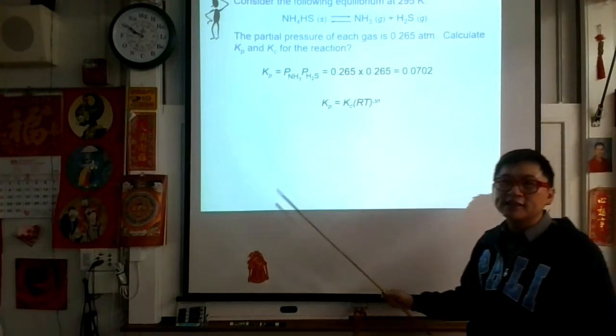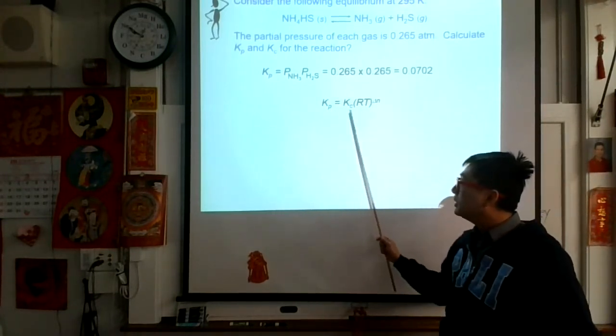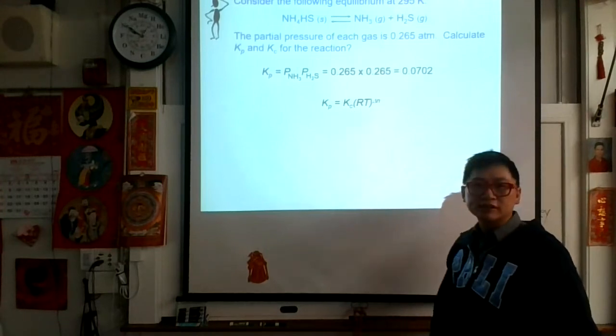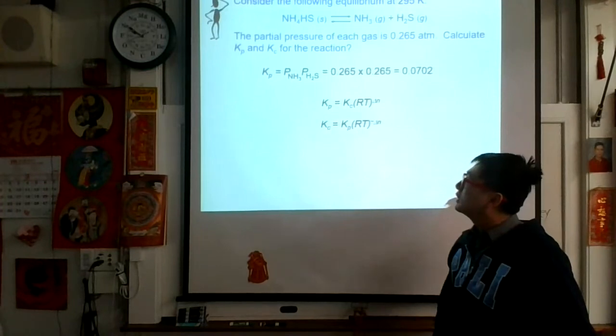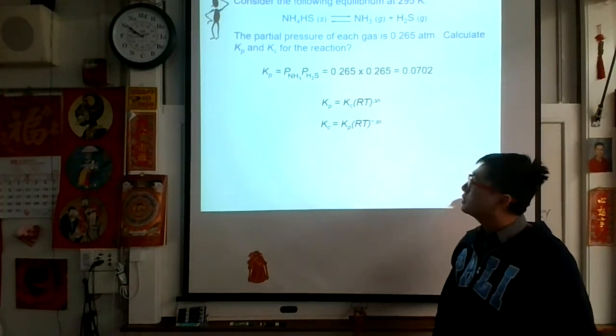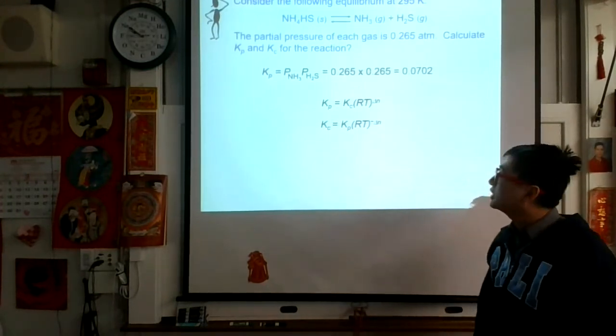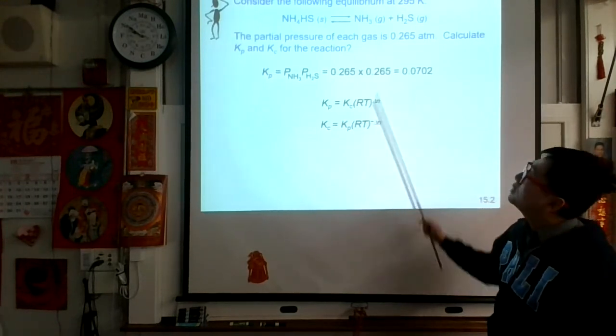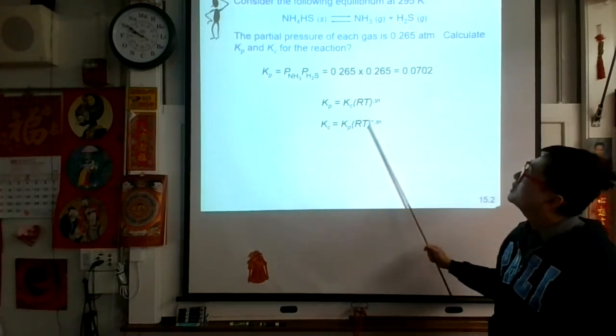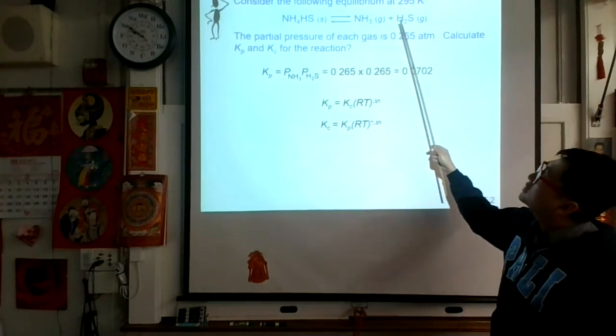Now to find Kc. Here's the equation: Kp is equal to Kc times RT to the delta n. I'm trying to solve for Kc, so algebraically, Kc is equal to Kp times RT to the minus delta n. Here's Kp. R you know, 0.0821. The temperature I know, 295. Delta n is the coefficients of the gaseous products minus the gaseous reactants.